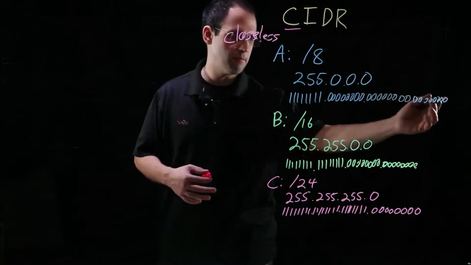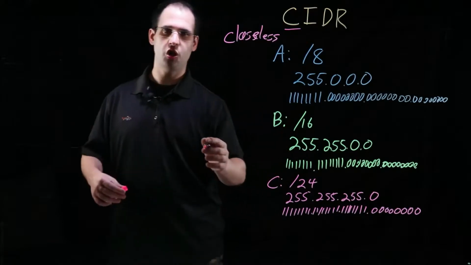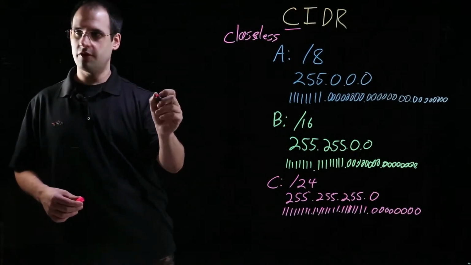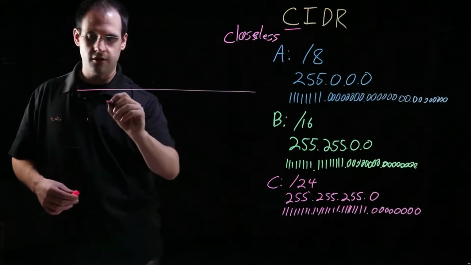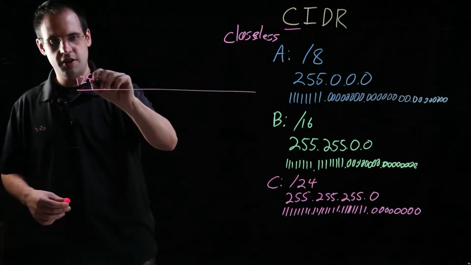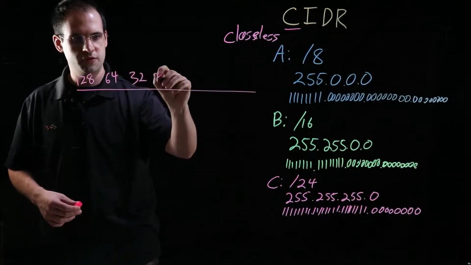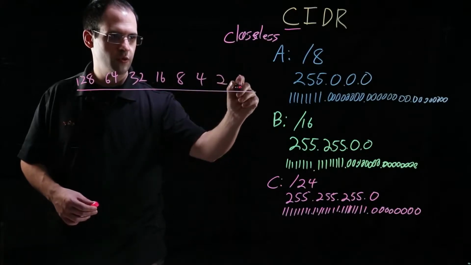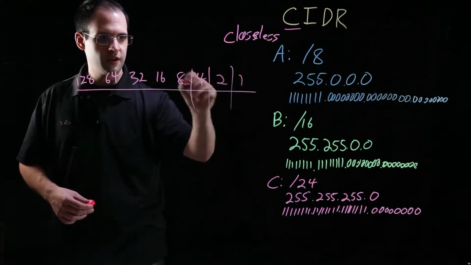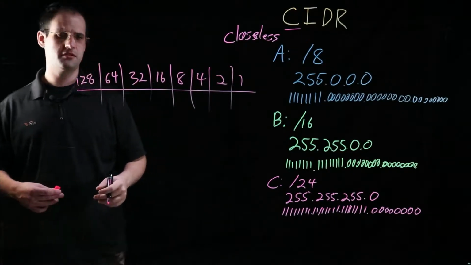I've written it out here in binary to show you what this would look like. Remember, if we have a chart, let me quickly draw this: 128, 64, 32, 16, 8, 4, 2, and 1. We can draw out this chart and do some basic binary counting.